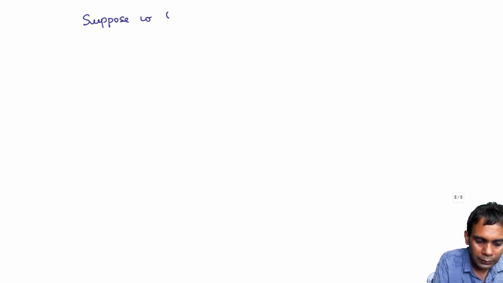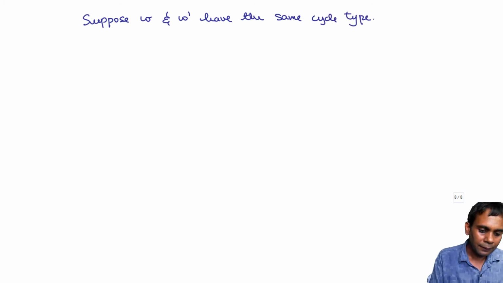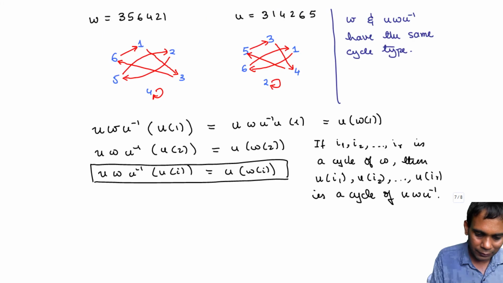Conversely, suppose W and W prime have the same cycle time. Then, let's go back to this example that we had on the previous page.